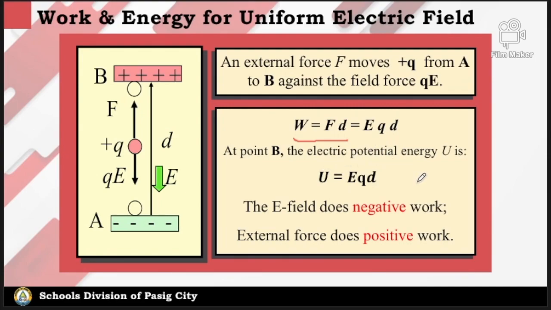Therefore, at point B, we can say that electric potential energy U is equal to electric field multiplied by the charge multiplied by the displacement. The electric field does negative work, while the external force does positive work.